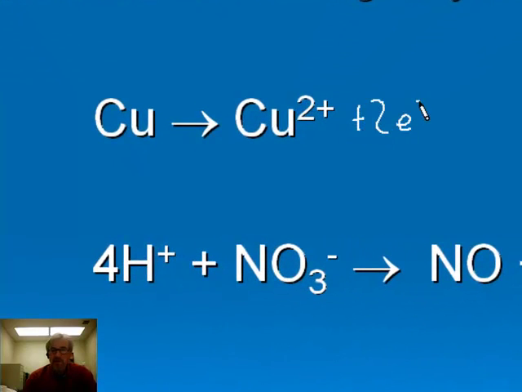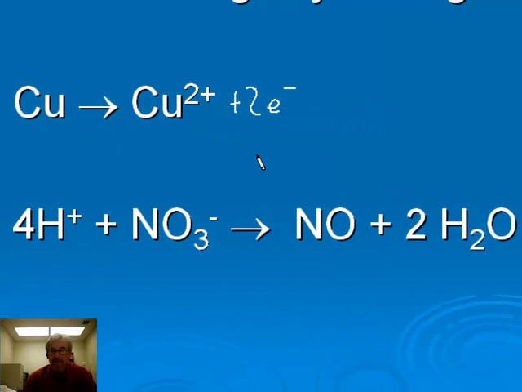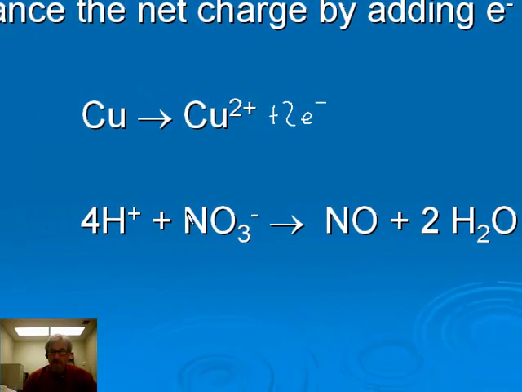So if I add 2 electrons, which are negative, I'll make the right-hand side neutral as well. Second half reaction, the right-hand side is neutral. The left-hand side is 4 pluses and 1 minus, so that'd be 3+ altogether. So to make it neutral like the right-hand side, I'll add 3 electrons to the left-hand side.